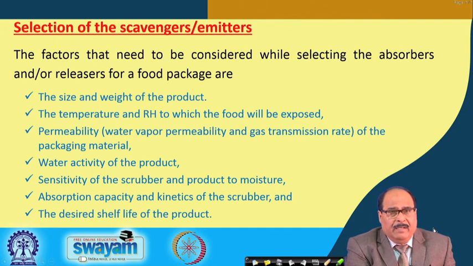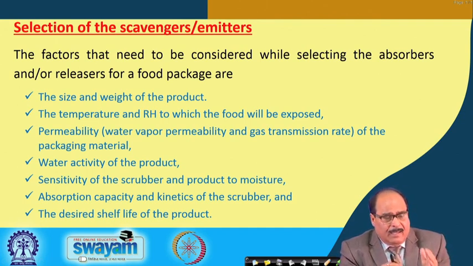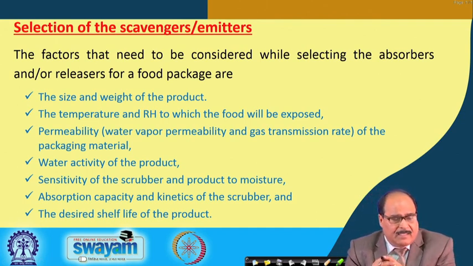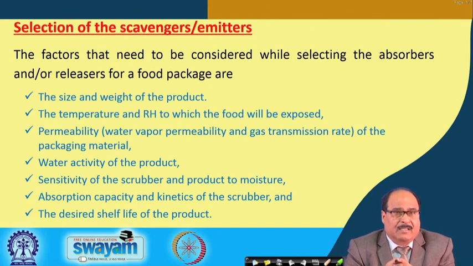So after having discussion on this, another important thing is the selection of scavengers or emitters, and certain factors need to be taken into consideration while selecting the absorbers or emitters or releasers for a food package.